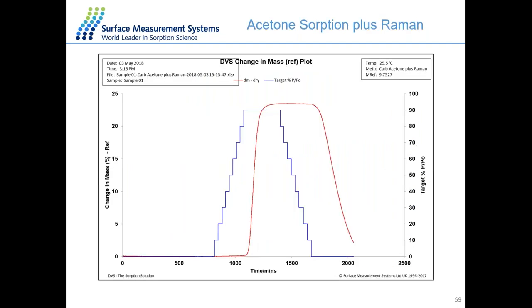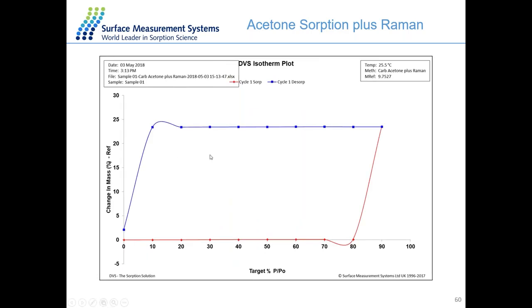The second section, we're going to look at acetone. This is the same exact sample starting from dry. We introduce acetone, and as you can see here, the mass change is much more significant. We have a massive jump in the mass uptake, specifically when we go to higher levels of partial pressure. If we plot the isotherm of this data, you can see that the critical value of partial pressure that causes the formation of the solvate is over 80%.